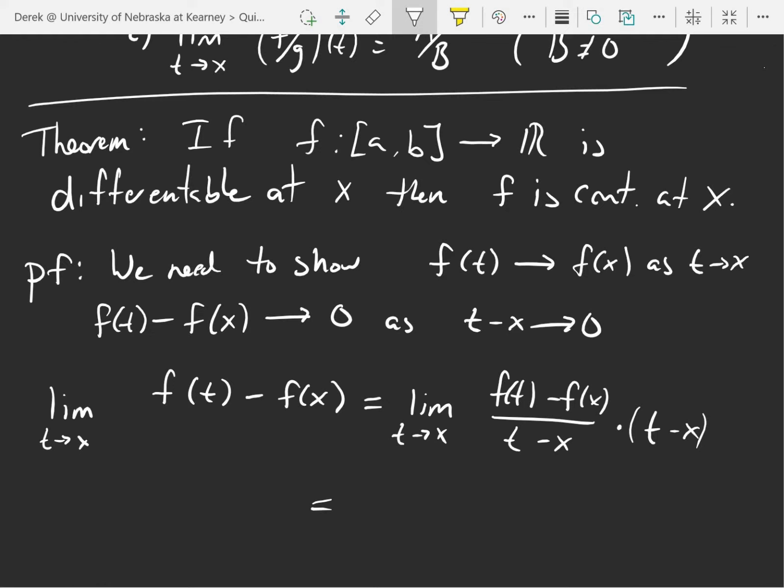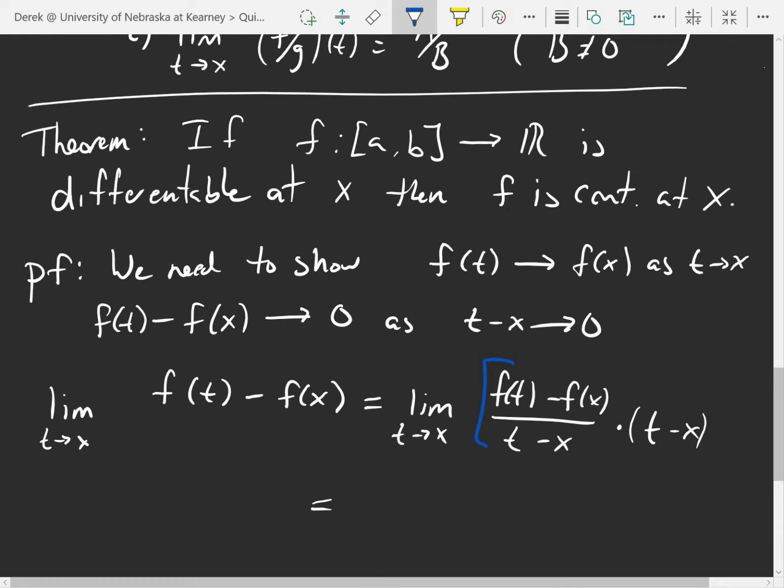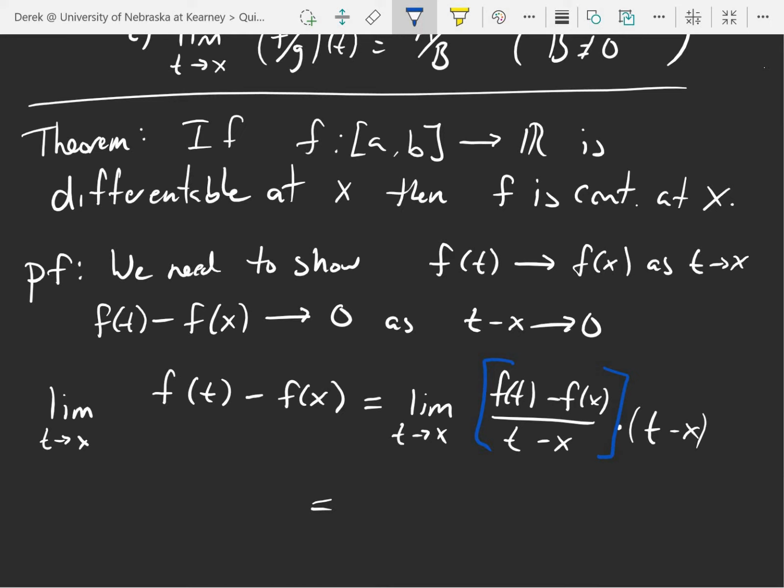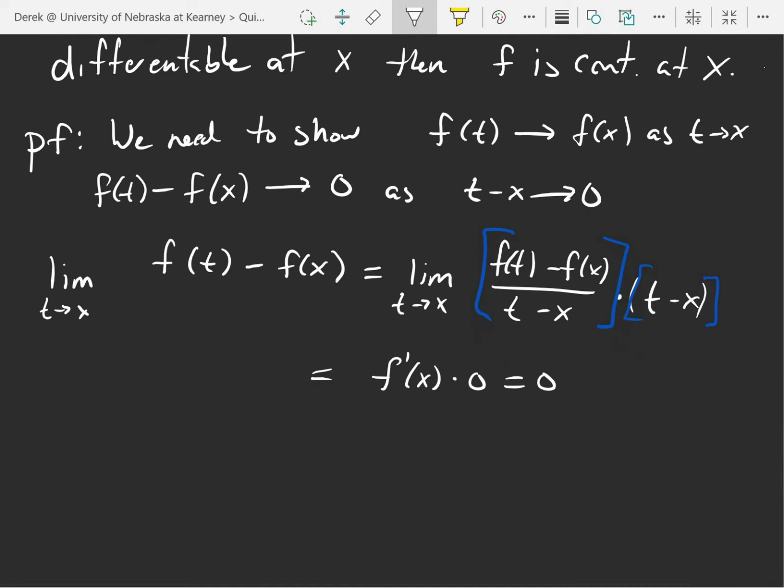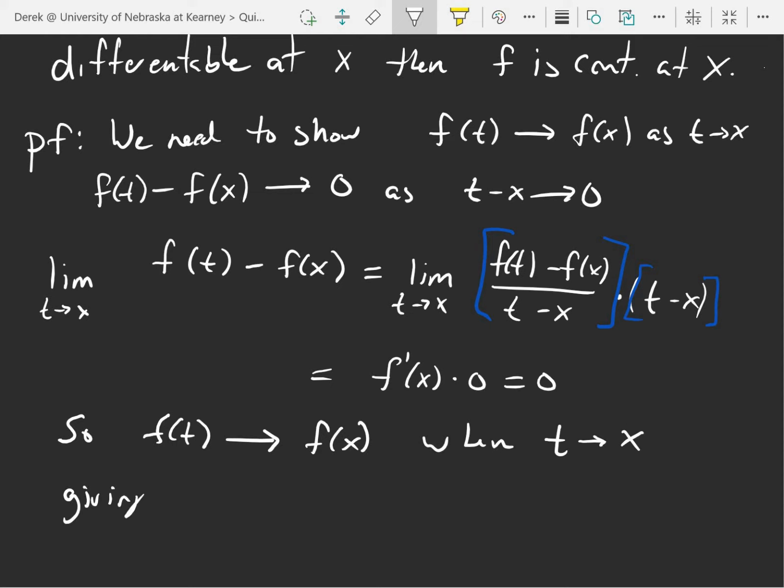This factor goes to f prime and this goes to 0. So by that product version of 4.4, this is equal to f prime at x times 0, which is equal to 0. So f(t) goes to f(x) when t goes to x, giving continuity.